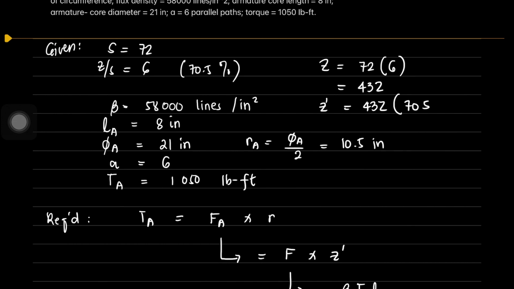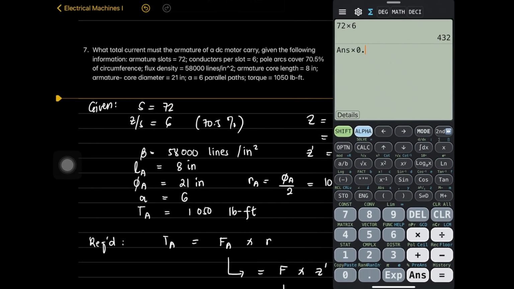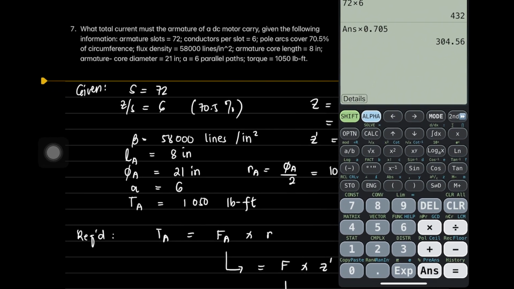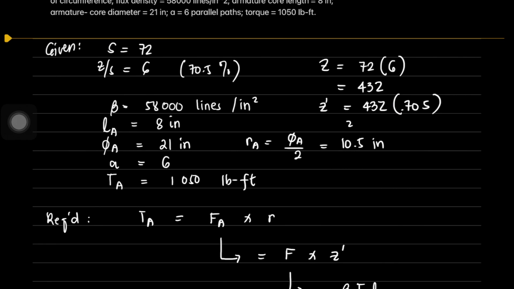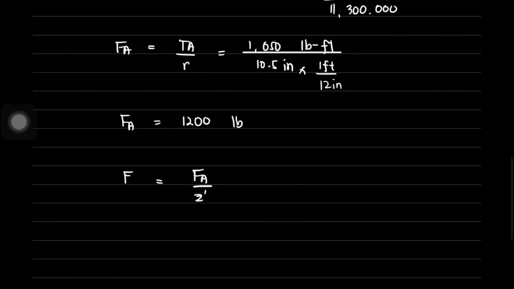So that is 0.705. If we multiply this by 0.705, the total number of conductors under each pole is 304.56. We just keep the decimal places because this is not yet the final answer. Since Z prime is already solved, this is now equal to 1,200 pounds all over 304.56.